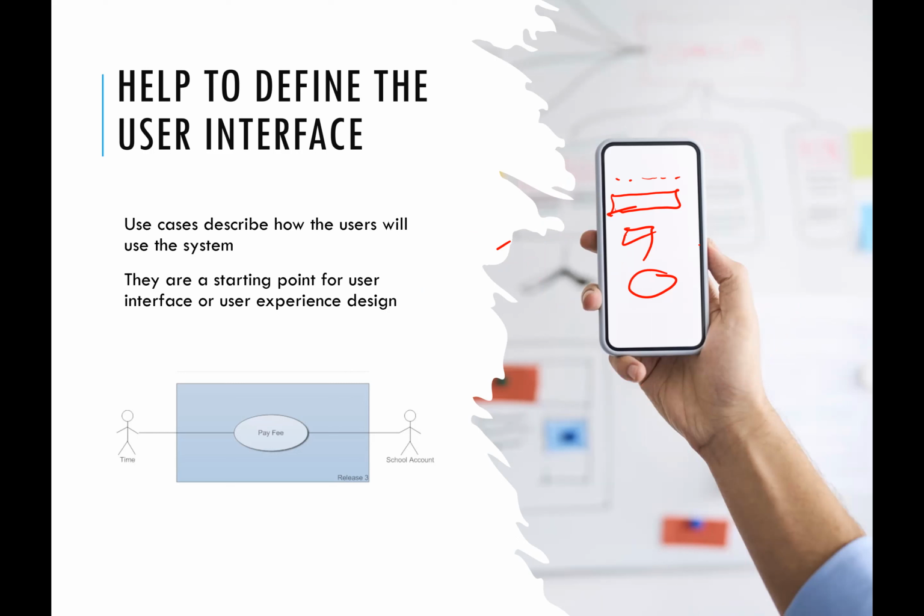You have designers called UI experts or user experience experts, who are responsible for designing how a user will use the system, right? So what a user will see first, what they will do, where the buttons will be placed. You have all those professionals in a standard organization that will do that.